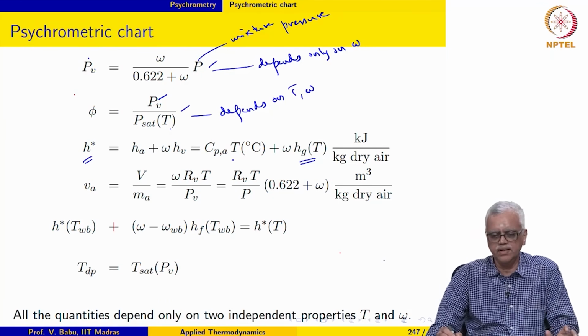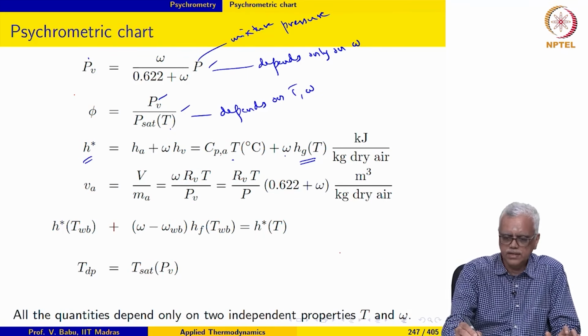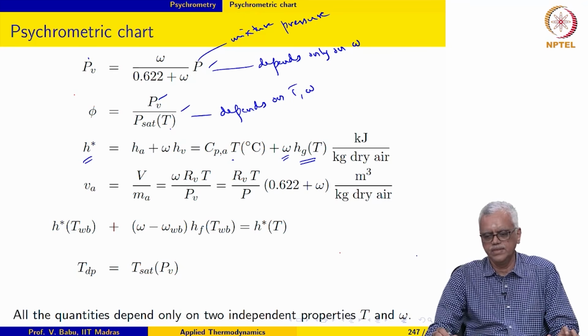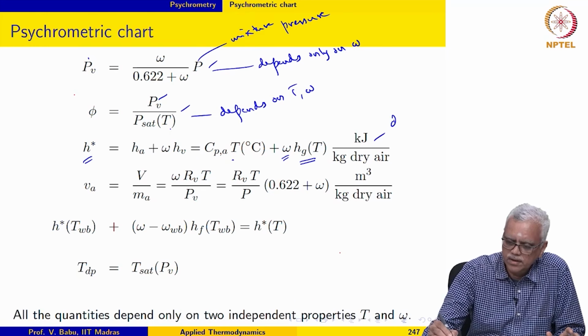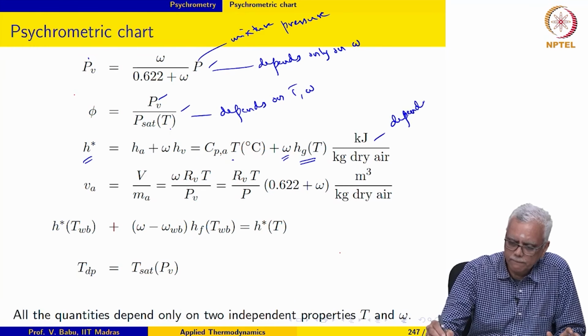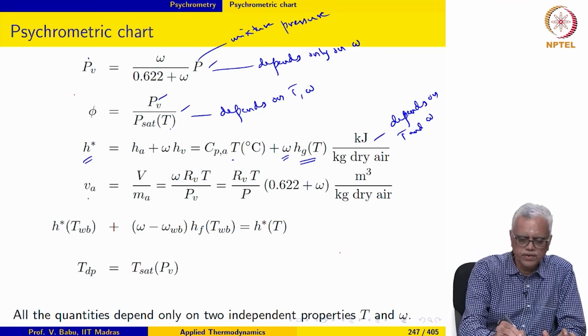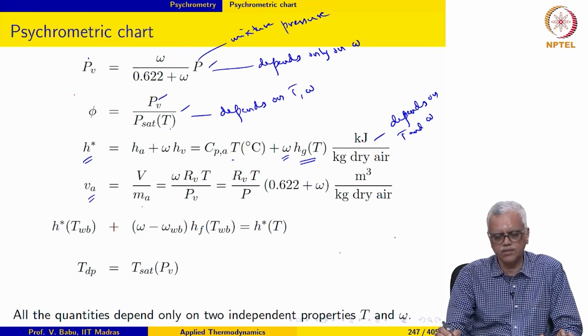We have not done a curve fit or anything like that, but we know that it is dependent on T, and H star is dependent on omega, as you can see, in a linear fashion. So, in principle, this expression depends on T and omega. Now, the specific volume of dry air is nothing but the volume of the mixture divided by the mass of dry air.